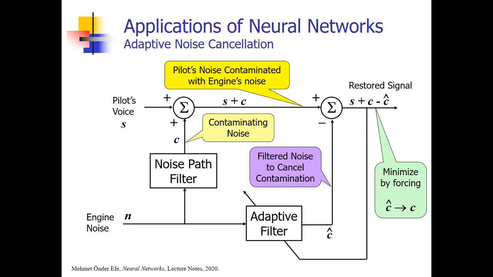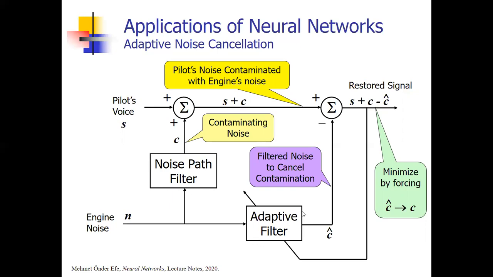The idea here is the following. Is it possible to reconstruct the noise path filter, which is the physical structure of the aircraft? Is it possible to reproduce the noise path filter by software?